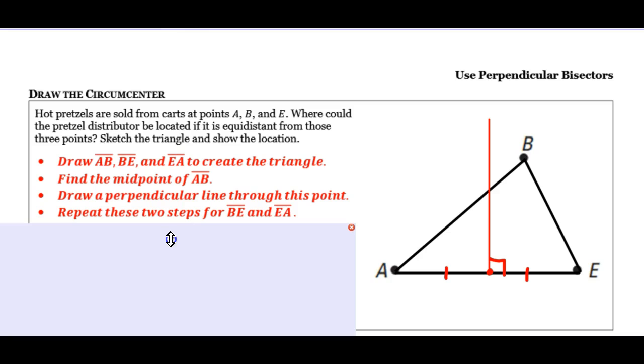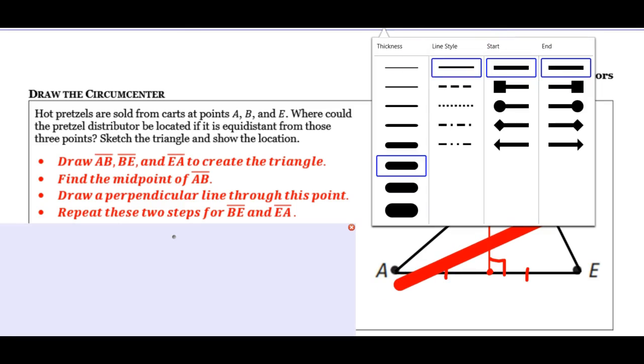Now, I want you to repeat those 2 steps for BE and AB. So, find your midpoint. And then draw a perpendicular line.